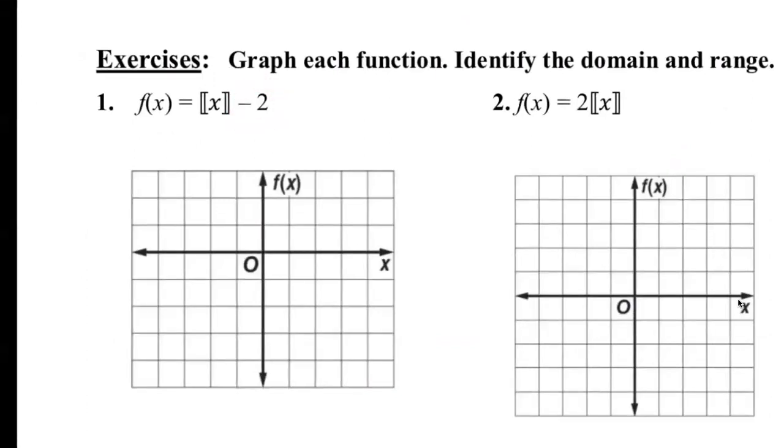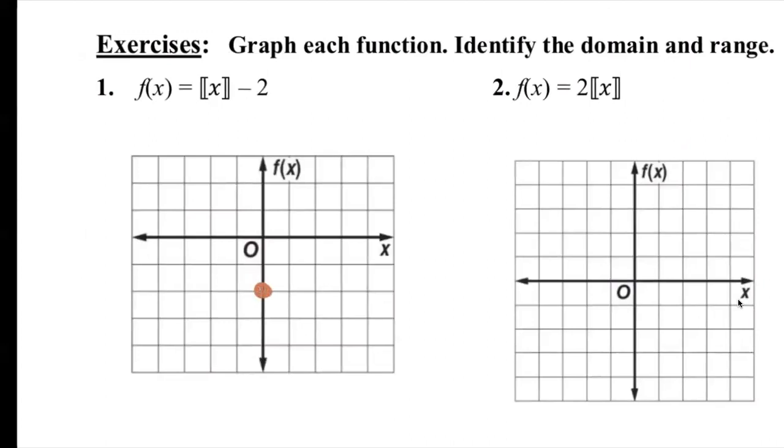So I'm going to shift from my origin down 2. So that's going to be my new starting point. And then just go ahead and graph the rest. And that's the graph for number 1.